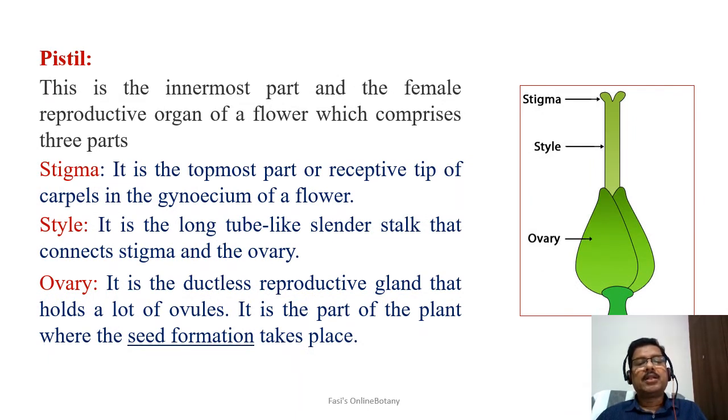Pistil is the innermost part, the female reproductive organ of a flower, which comprises three parts: stigma, style, and ovary, collectively known as the pistil. The ovary is the swollen basal part, this is the style, and the terminal is the stigma.